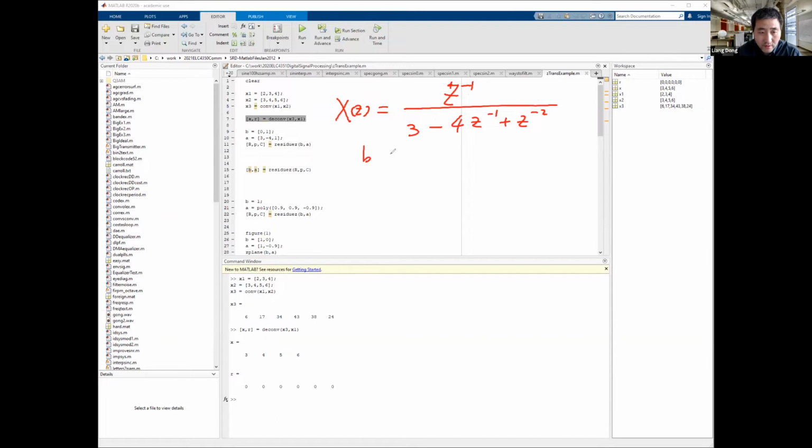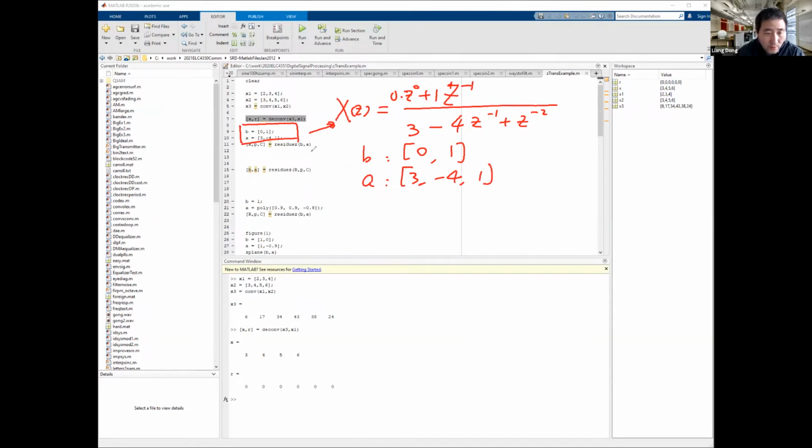B is a polynomial with coefficients 0 and 1. 0 is the coefficient B0, of z to the power 0, which we don't have here. The second term is this one here. That's the B. And A in this case is 3, -4, and 1. Exactly here, right? So we are using this to represent this system function exactly.